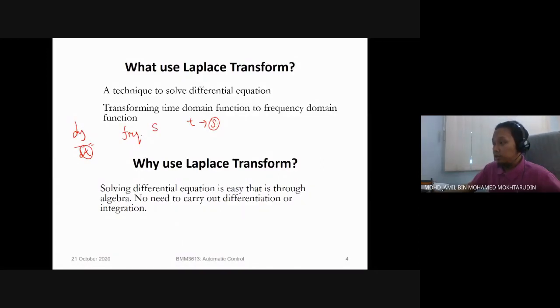So why use Laplace transform? To solve a differential equation using integration is not easy.